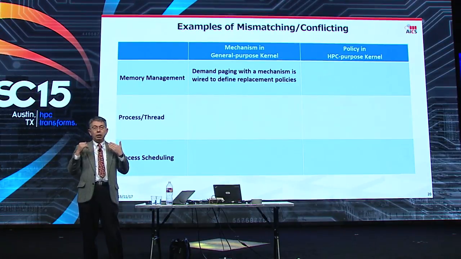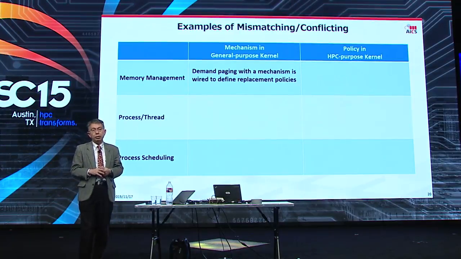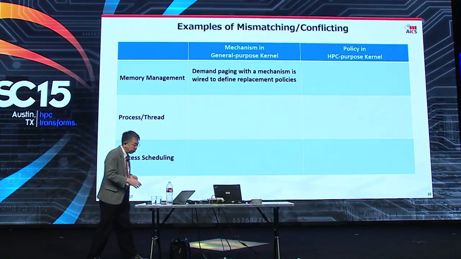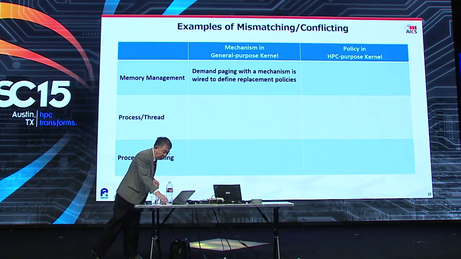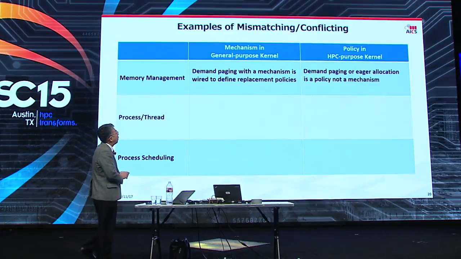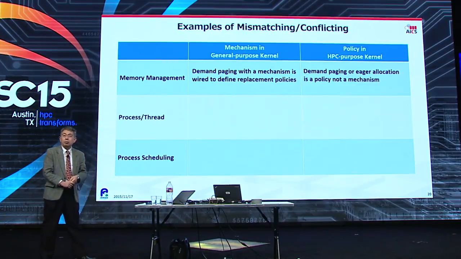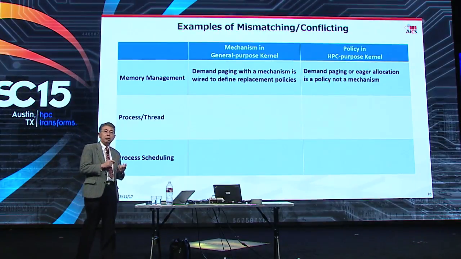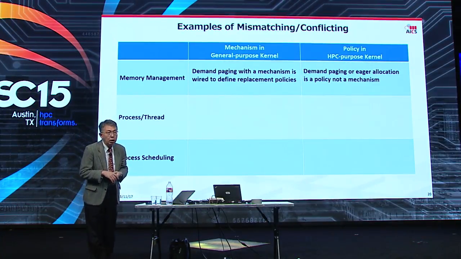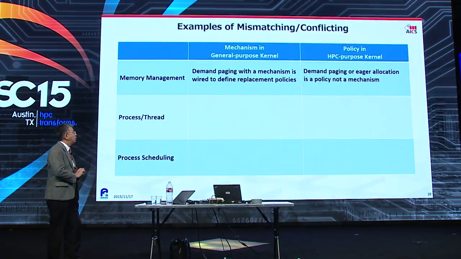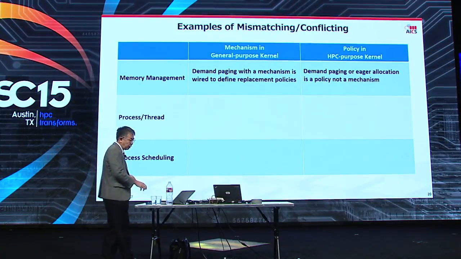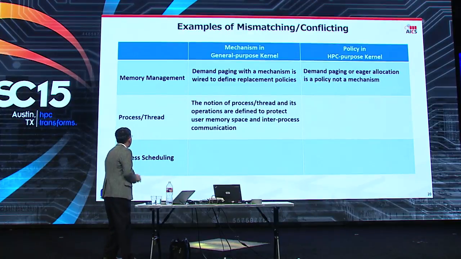That's why they provide demand paging with selectable replacement policies. But again, some HPC applications might need demand paging, but most do not. Physical memory should be eagerly allocated, which is much faster than demand paging.